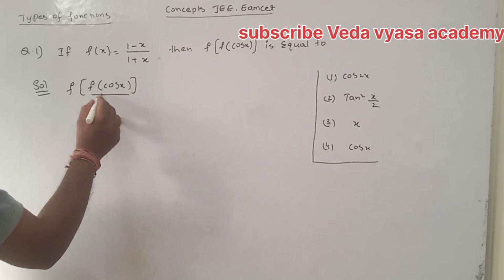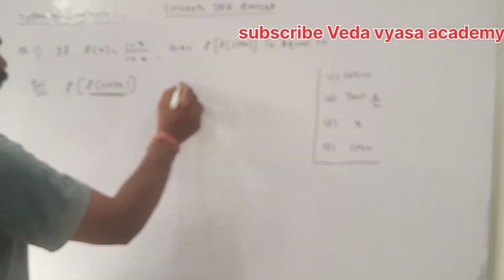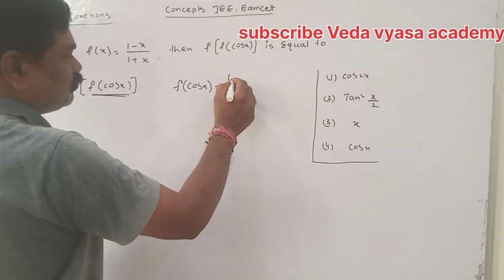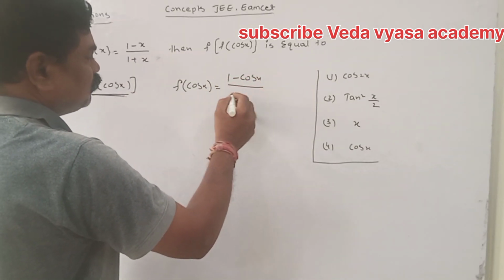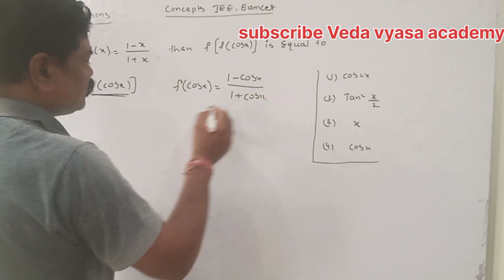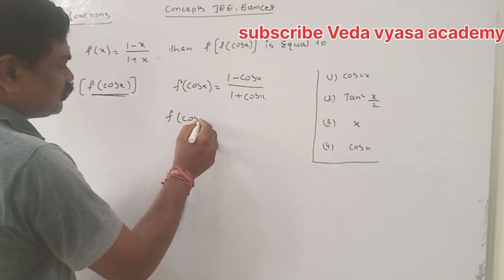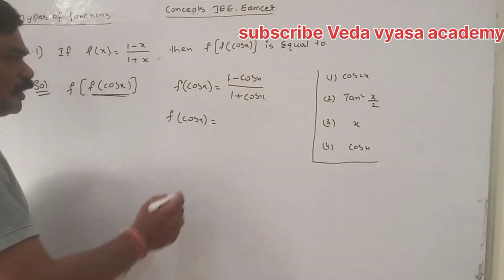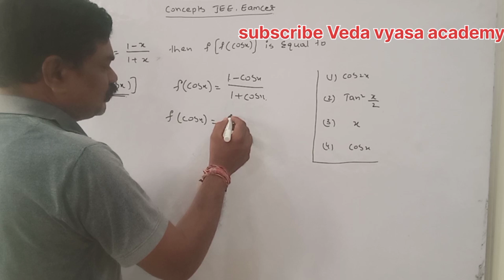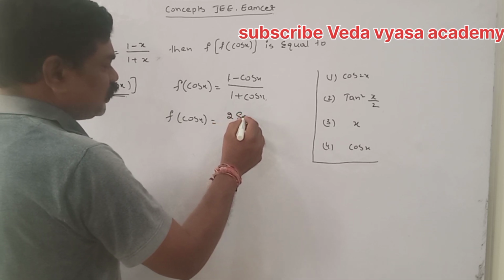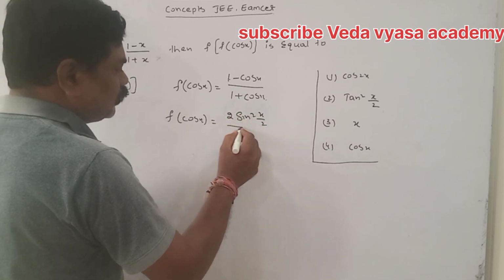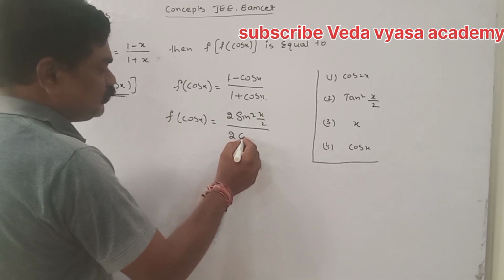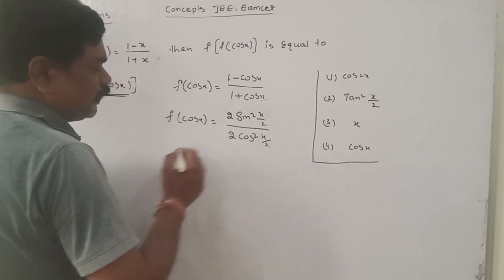First, f of cos x is equal to 1 minus cos x by 1 plus cos x. 1 minus cos x is 2 sin square x by 2, and 1 plus cos x is 2 cos square x by 2.